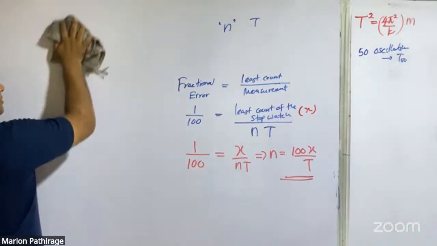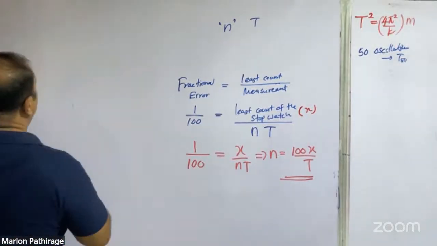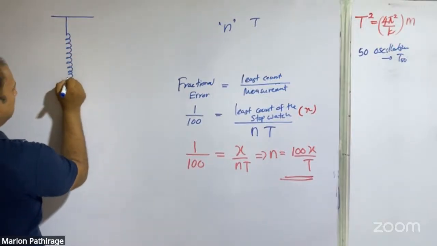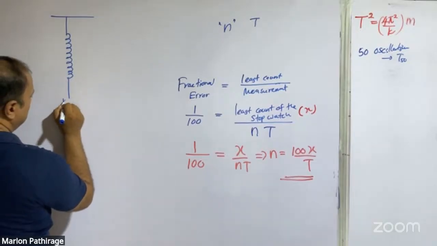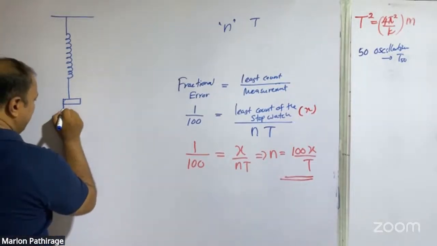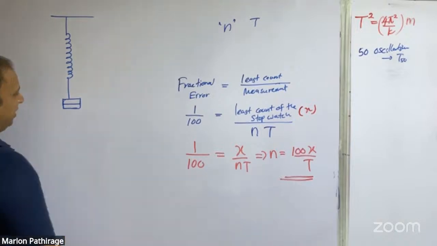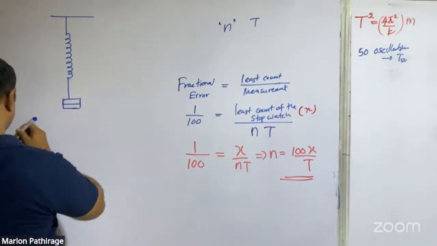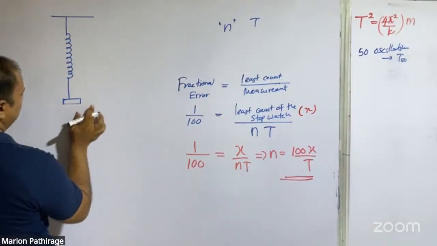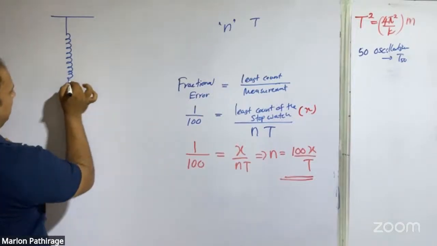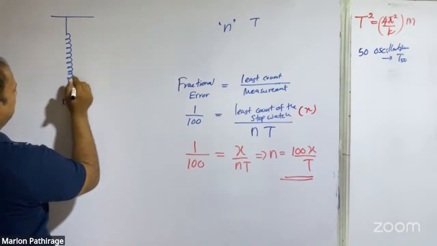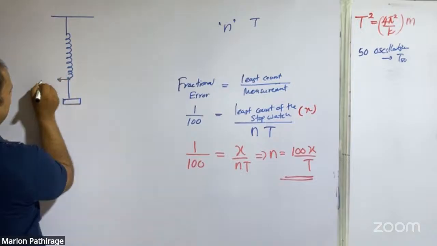That means, once we increase the number of masses, initially there was only one mass. Now I have added another mass. Now there are two masses. Suppose this is the initial state. This was the indicator and this was the locating pin.